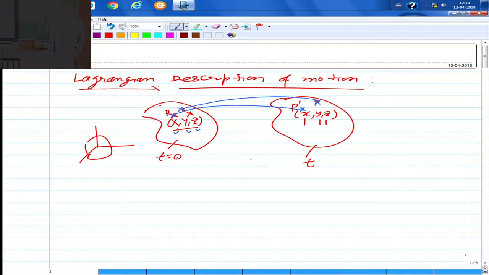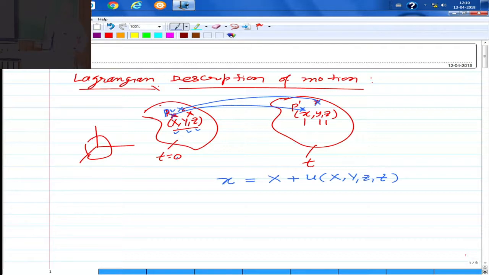So here you will find, for example, small x is a current coordinate, and that can be written as its initial coordinate X plus a displacement along the x direction, and this displacement itself would be a function of X, Y, Z and t. Now these X, Y, Z are fixed values, because we are all the time tracing this particular material point which was initially here.